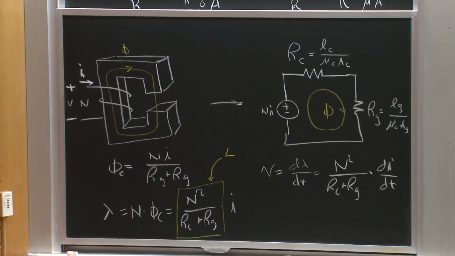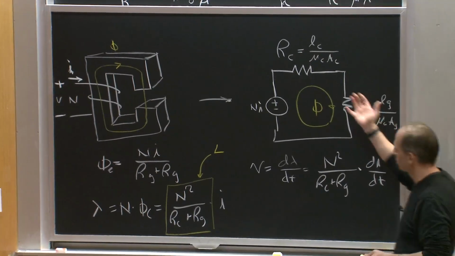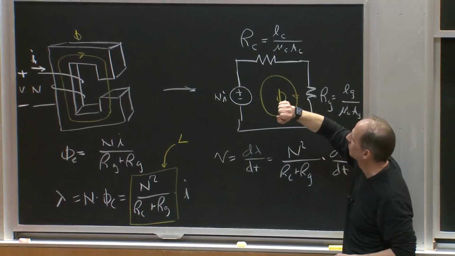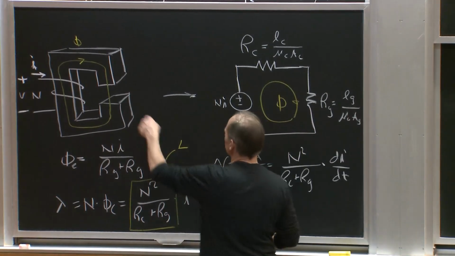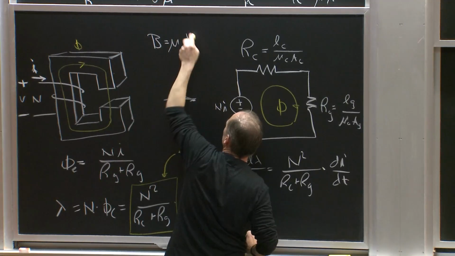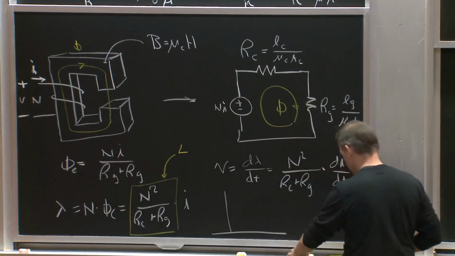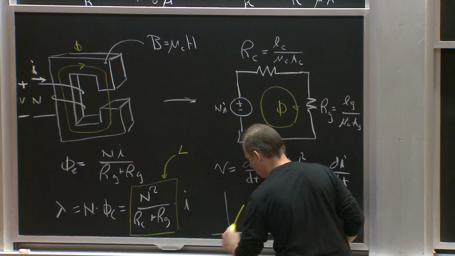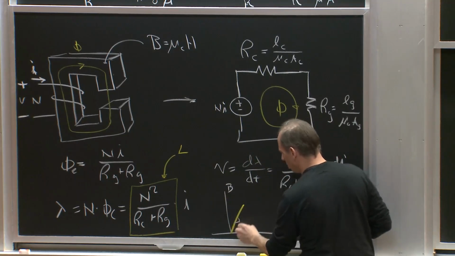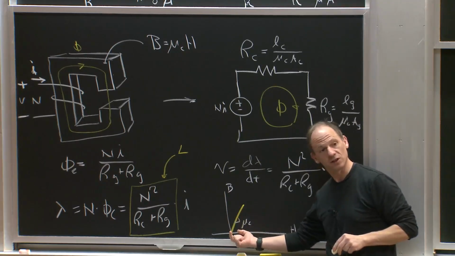The other thing we may want to pay attention to, and what we often use these magnetic circuits for, is that we assumed in all this that B was mu H. I'm assuming that the relationship in the core material is B equals mu core times H. In a real core material, if this is H and this is B, that's true, or approximately true, for rather low flux densities.